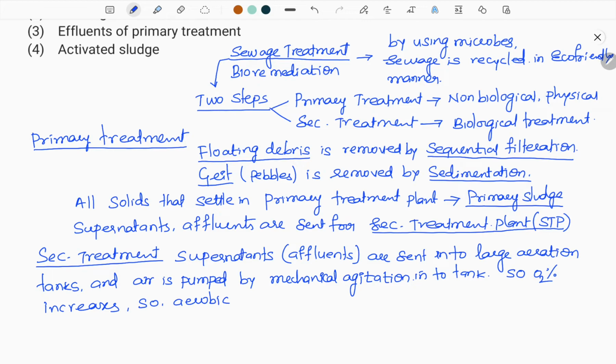As the oxygen percentage increased, the aerobic bacteria as well as fungal mycelium will develop very richly in aeration tanks.